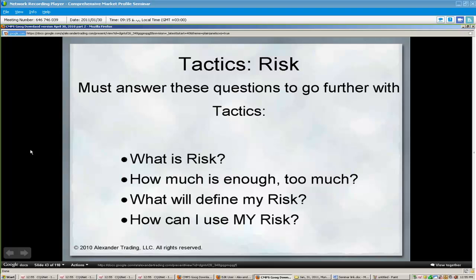I don't know if Harris is going to talk about EdgeCalc this afternoon, but Harris has created and programmed a tool that enables you to put in the risk of a trade, the reward of a trade, the probability of a trade, and give you an expectancy, and also help you with determining how much of your account size you should trade. That, in detail, is outside the scope of the seminar we're doing this weekend, but it gives you an idea about the issues that have to be resolved.